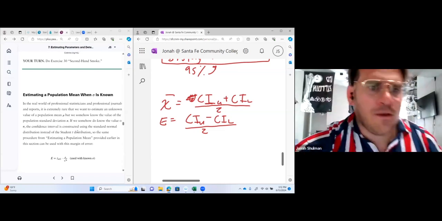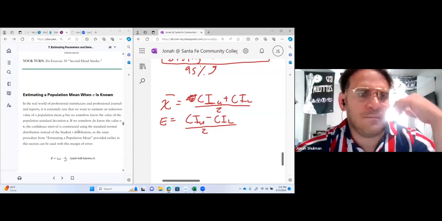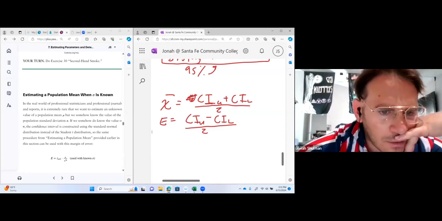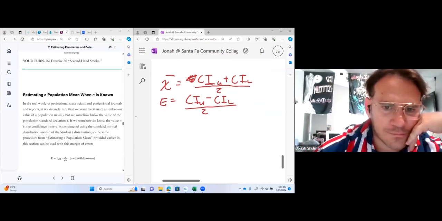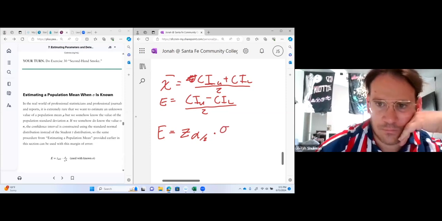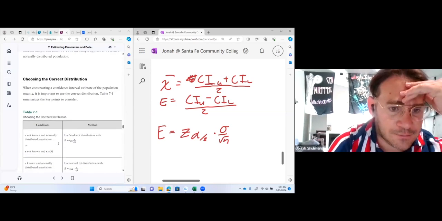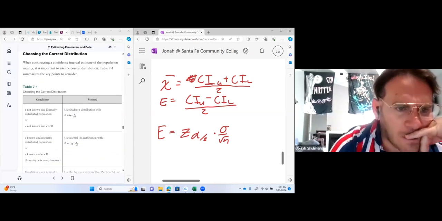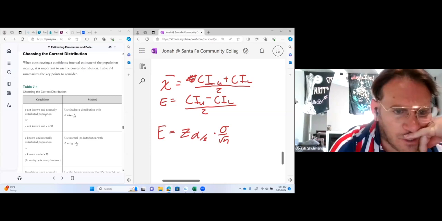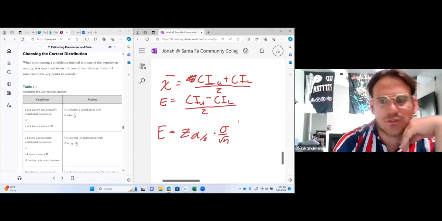All right. So sometimes we do know the standard deviation. So this one we do know it. We can use the z-score. Nothing crazy about that. When the standard deviation is not known and it's bigger than 30, we're going to use the t-distribution. Cool.